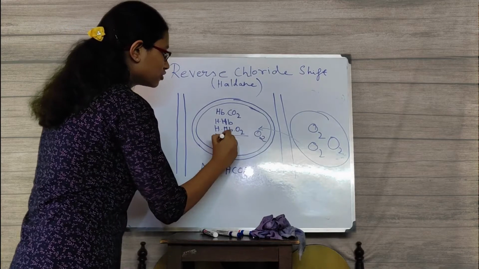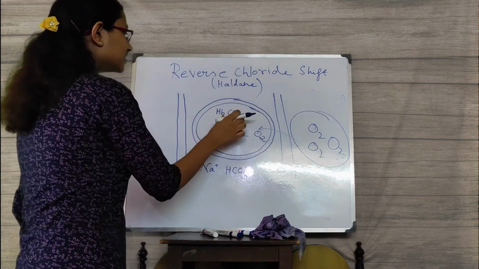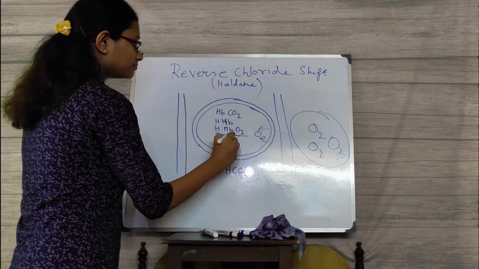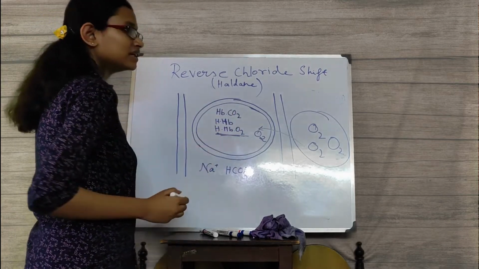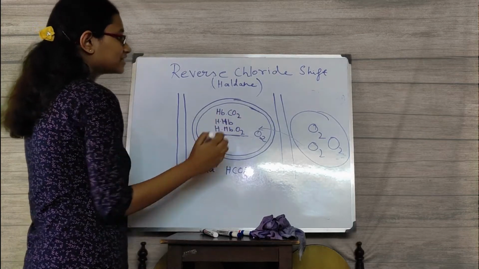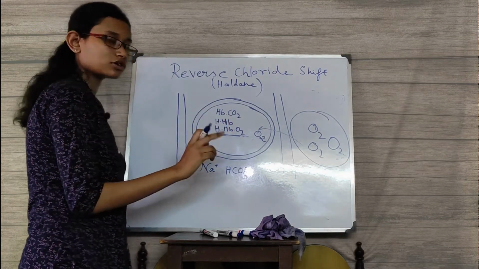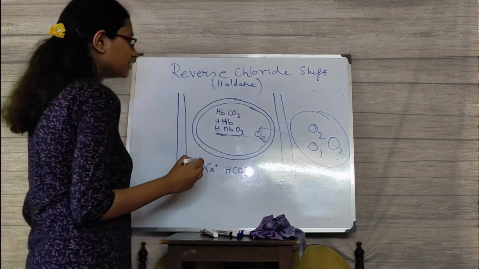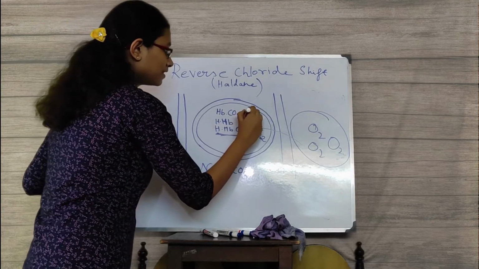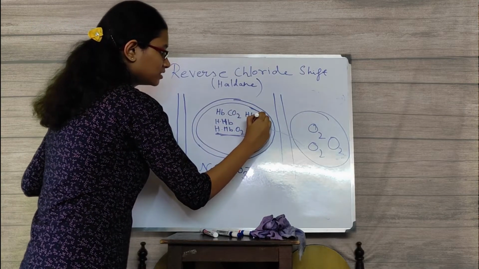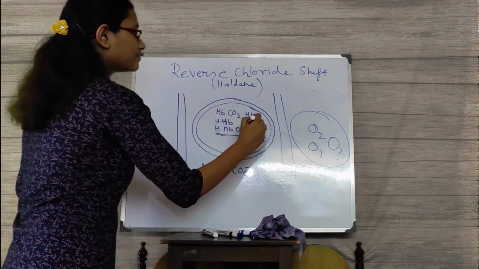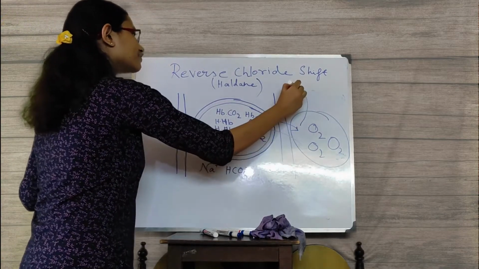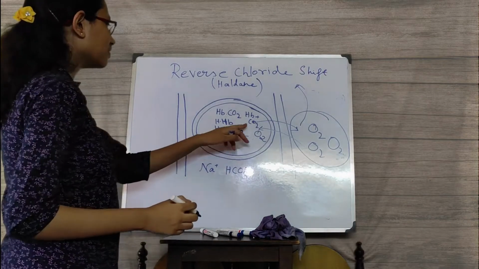Now this oxyhemoglobinic acid is a strong acid, and it will try to dissociate the carbaminohemoglobin, it's not carboxyhemoglobin, it's carbaminohemoglobin, into Hb plus CO2. Now this CO2 will in turn be given back to the alveoli, from where it will be exhaled out by us. Now what is happening out here?